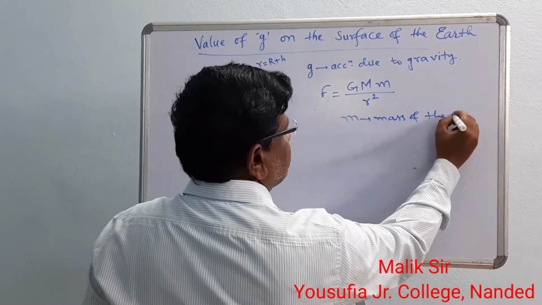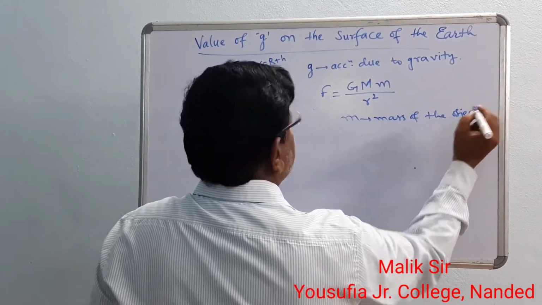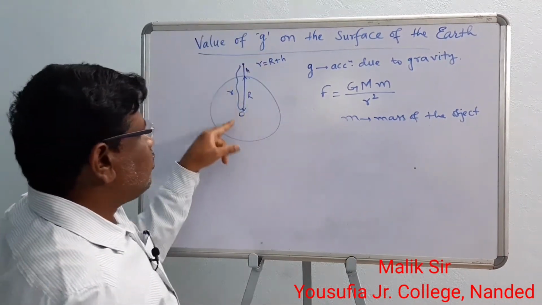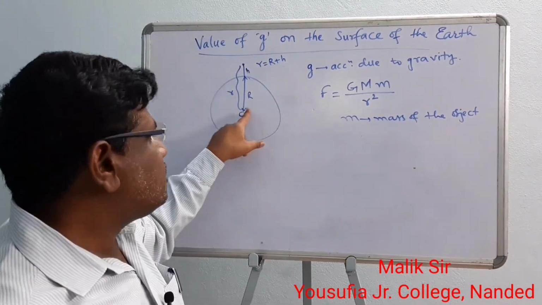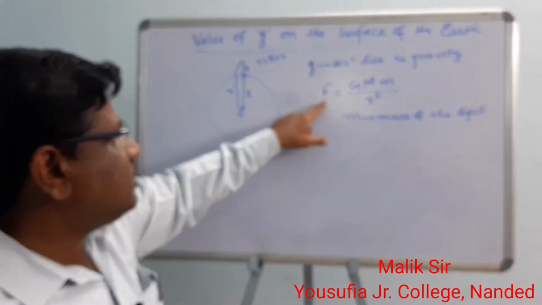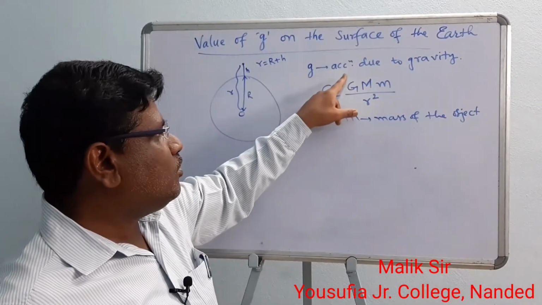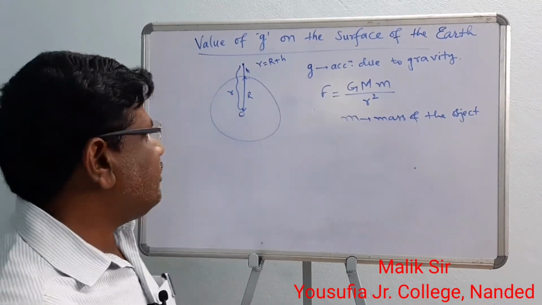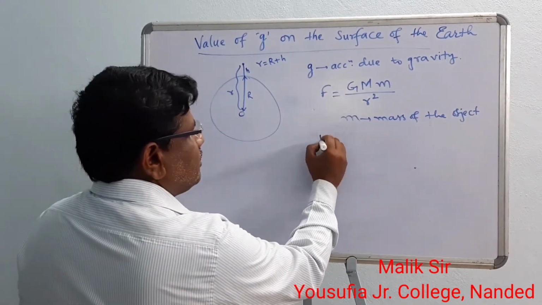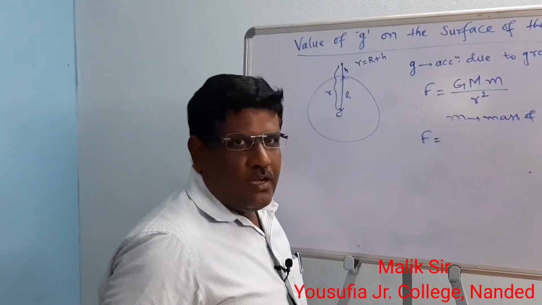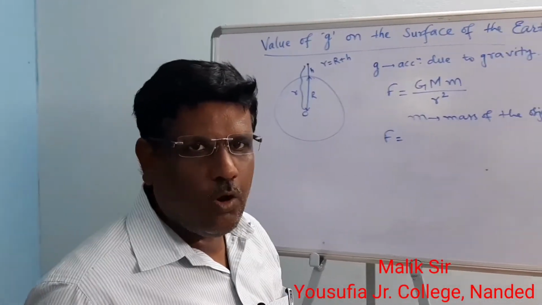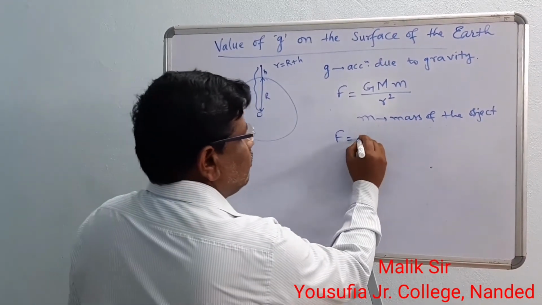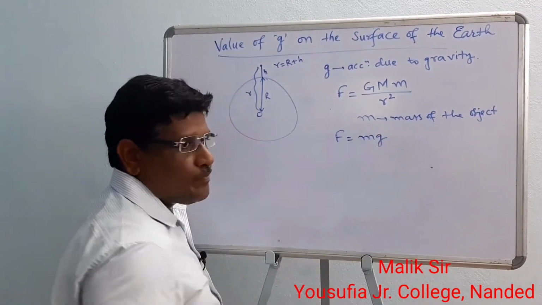Considering small m as the mass of the object situated at a distance small r from the center of the earth, then capital F equal to G M m divided by r square. And if we take another force, that is the weight of the object, F equal to mg.